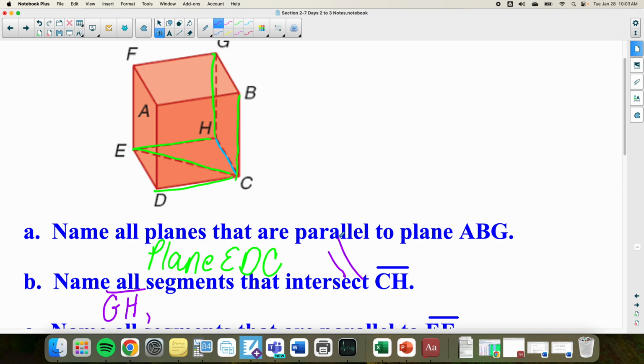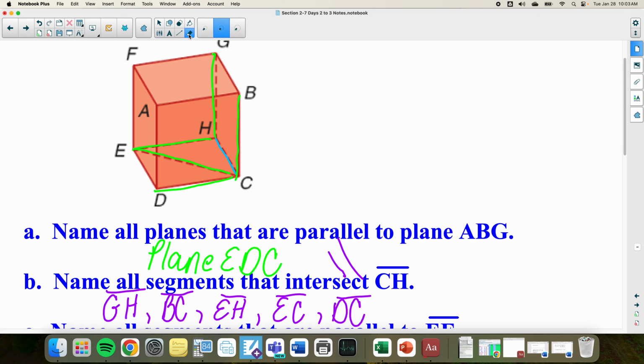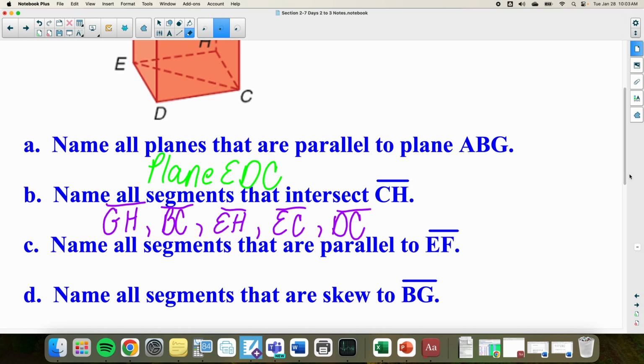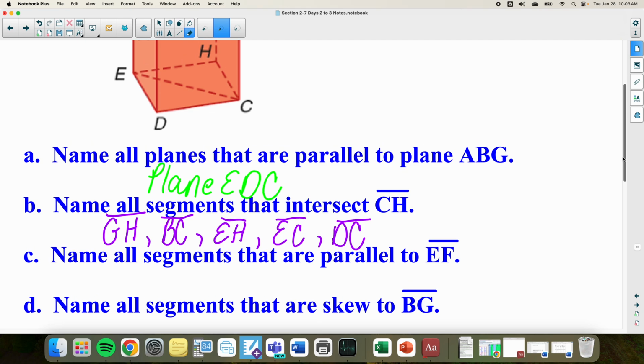So GH, BC, EH, EC, and DC, okay? Now, if we go to our next one, it says, name all segments parallel to EF.